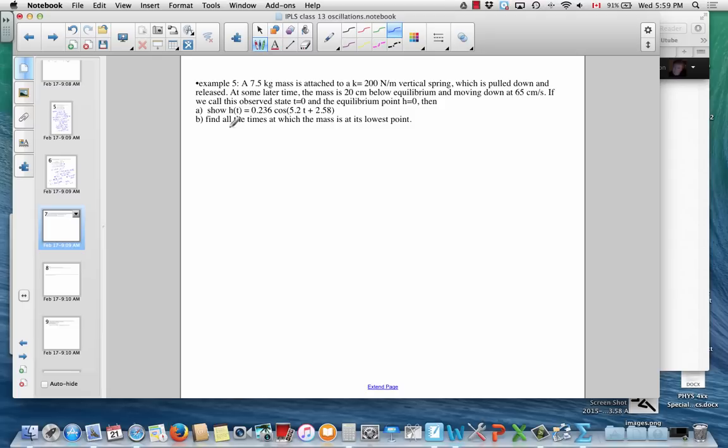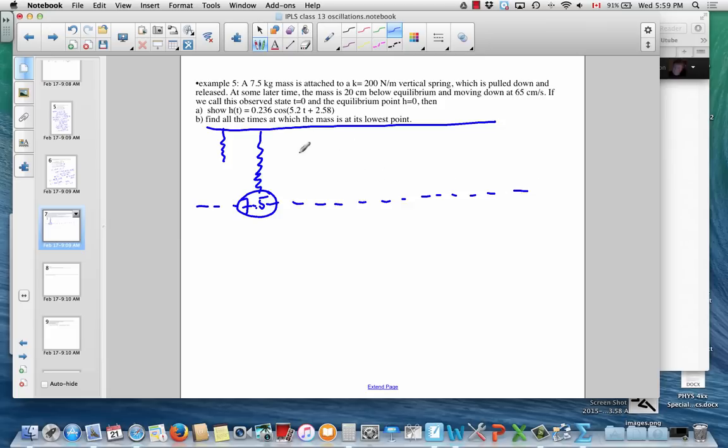So here we've got a spring from the ceiling, and then we hang a 7.5 kilogram mass from it, and it reaches equilibrium. And then we pull it down and let it go. And so here's the release point right here. So it's released here from rest.